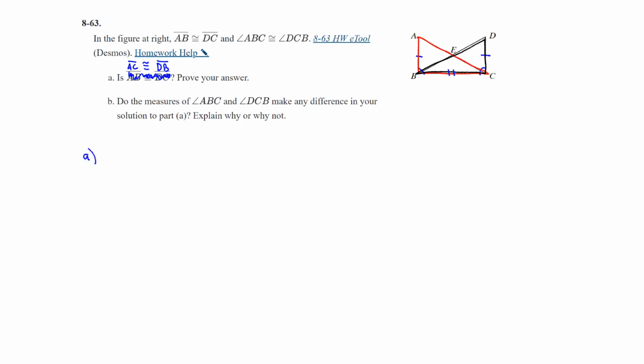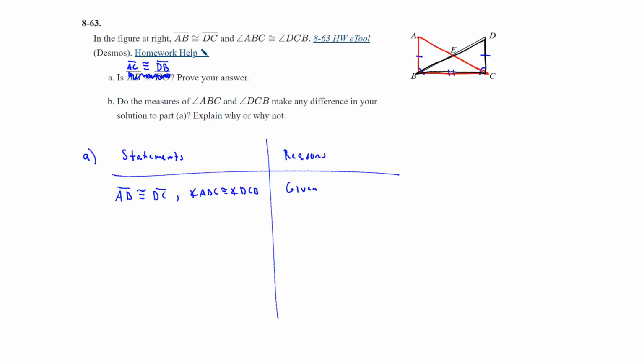And I'm going to do a 2-column proof on this one. So I created my given statements, there's 2 of them there, and then we said that side length BC is congruent to side length CB, and we know that by the reflexive property. And now we have the 3 parts of the triangle. We have side, angle, side, so we know that triangle ABC is congruent to triangle DCB.